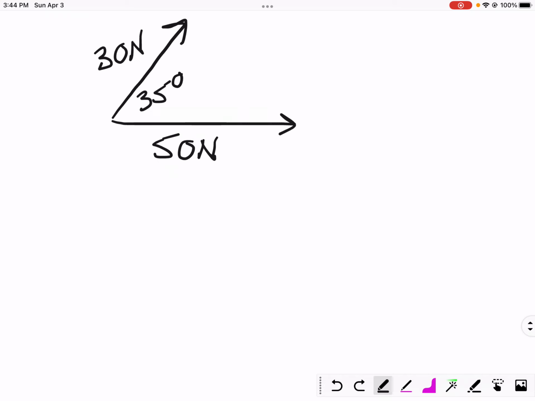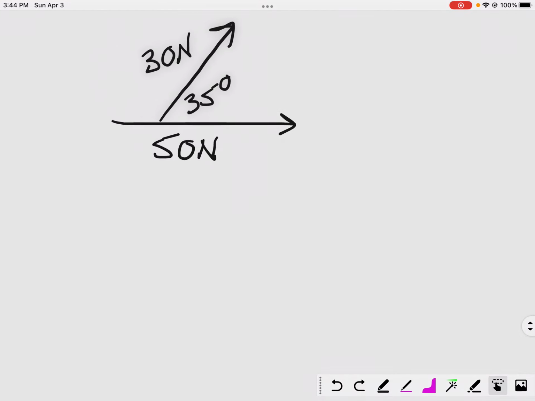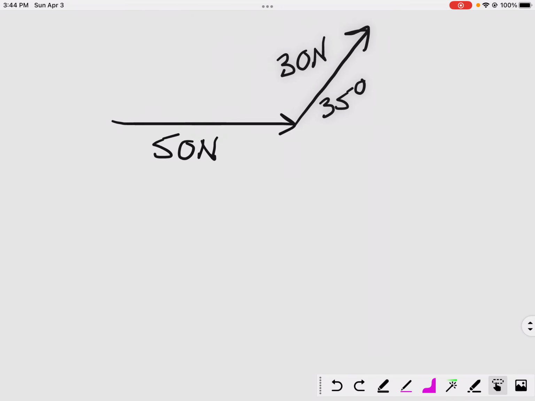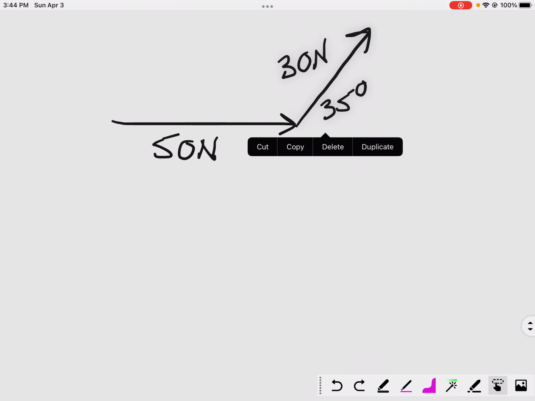So what I'm going to do here, this is the diagram we start with in the first example. I'm going to move these over here, because this is how we're supposed to draw vectors when we're working with them. It's one then the other, or tip then tail.